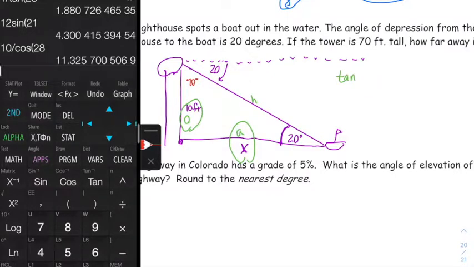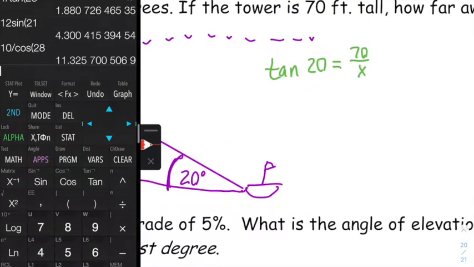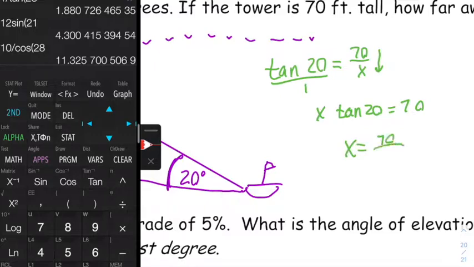So if we use the SOHCAHTOA, O and A uses a tangent function. This will be tangent of 20 degrees and then equals the, whoops, not 10, I guess that's 70. I covered it up there, 70 over x. And then you could cross multiply and then eventually divide, since x is in the denominator, right? This would be x times tangent of 20 equals 70, and then when you divide, it's 70 over tangent of 20.